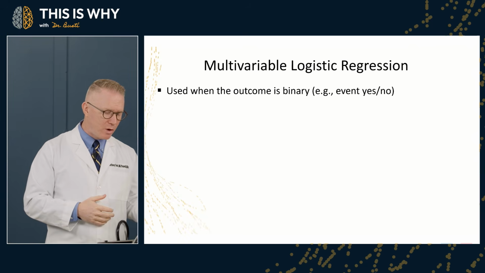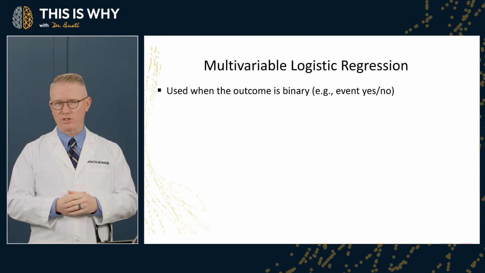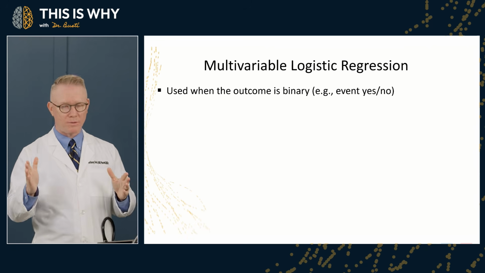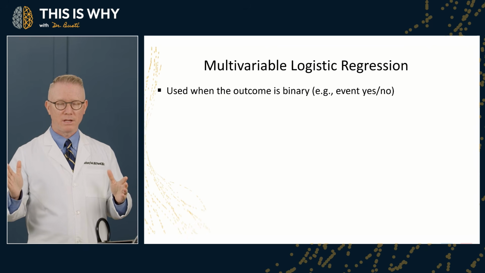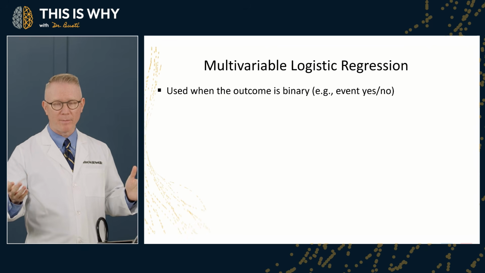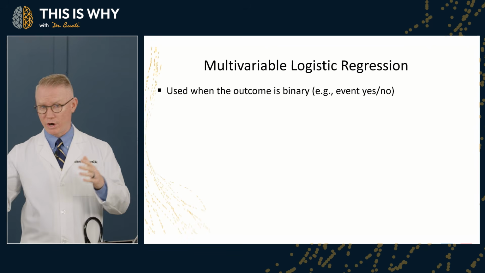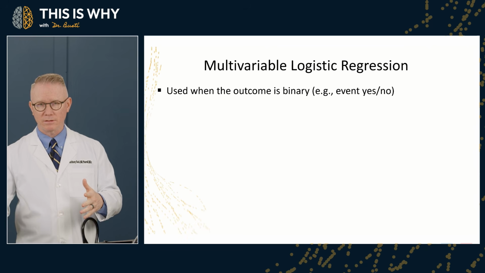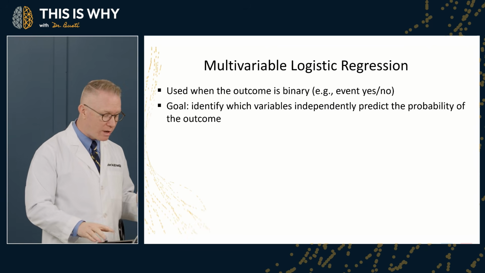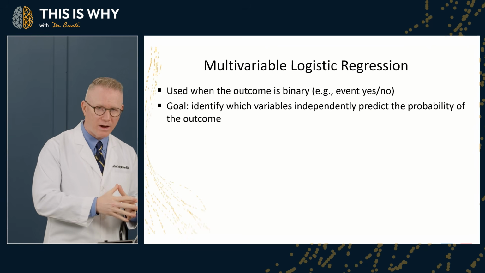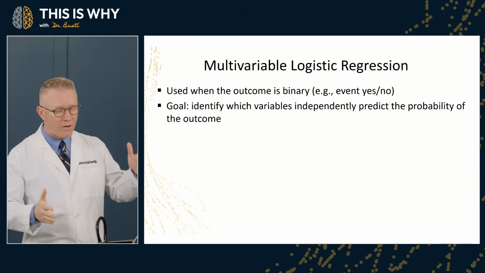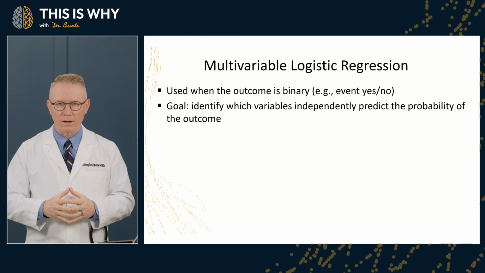So when we think about multivariable logistic regression, this is when we use it, and the outcome, the endpoint, is binary. Think of nominal data, yes or no. An event happened or it did not, okay? Now the goal here is to identify when variables independently predict the probability of that outcome, okay?